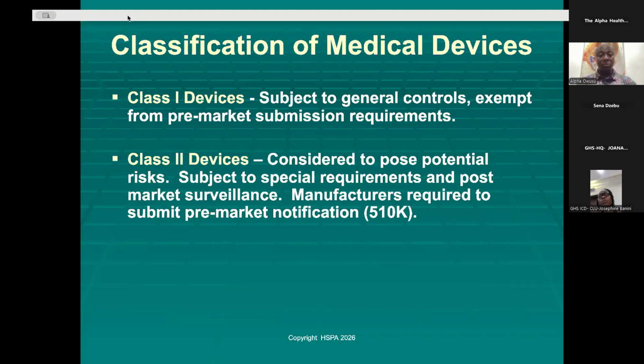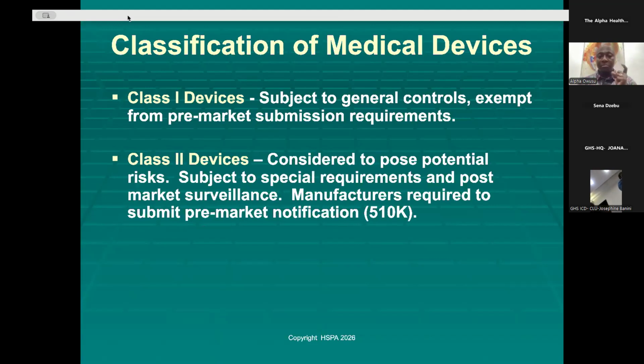We will come to that. They're subject to general control, exempt from market submission. With the first class, the Caesars and the thermometers and all that, those are class 1 medical devices. They don't need any pre-market submission, right?